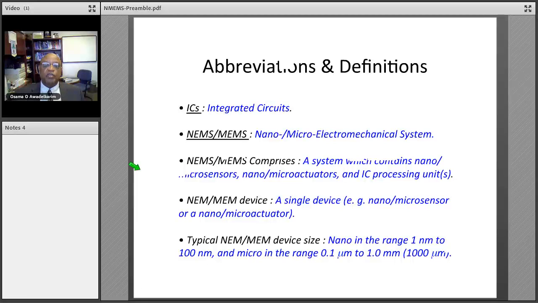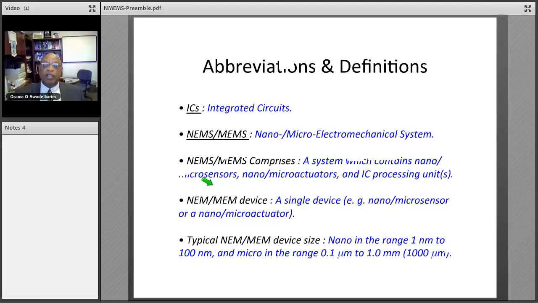Also, another definition, in bullet number 4 here, is what we mean by a NEM device or a MEM device. NEM, that is nano electromechanical device, or MEM device, which is micro electromechanical device.